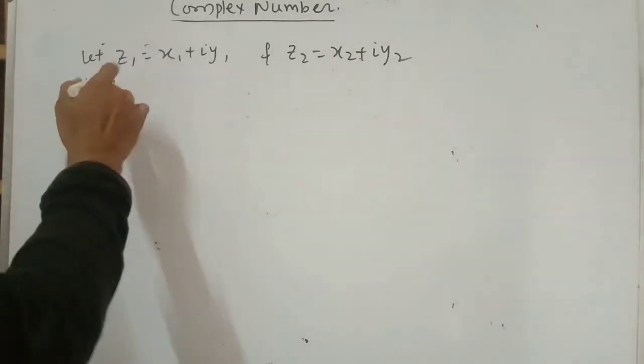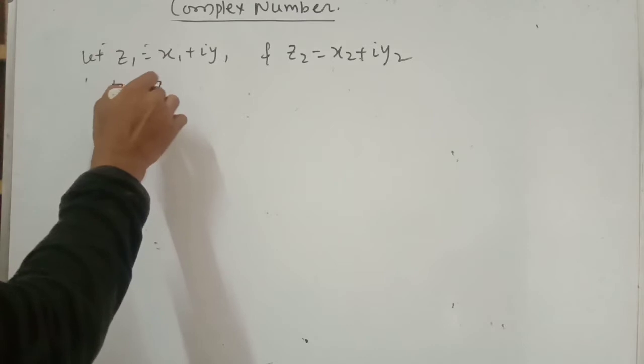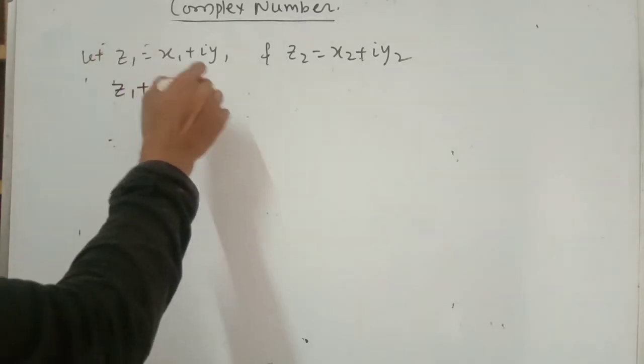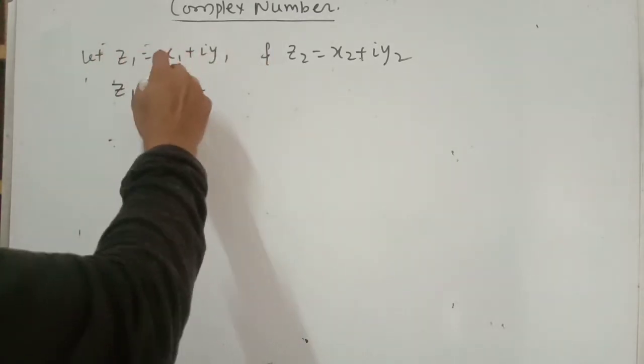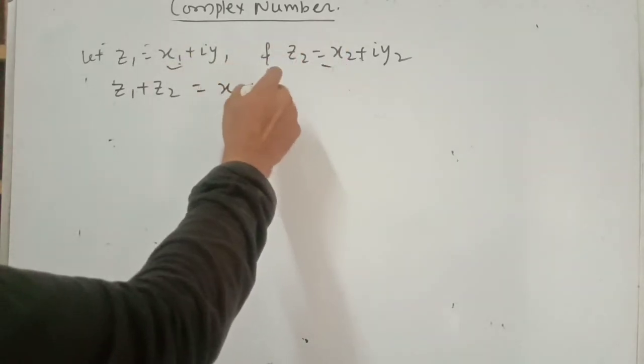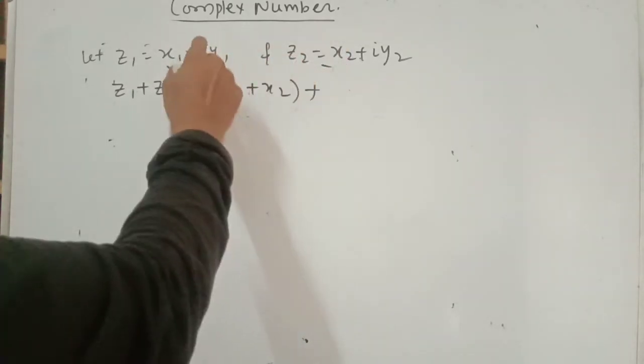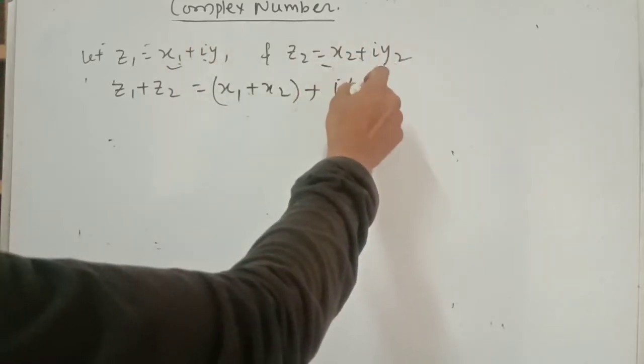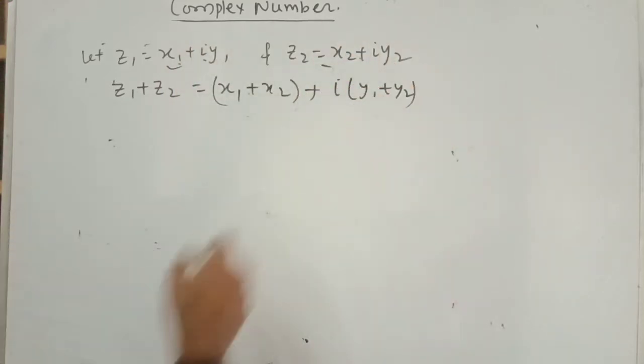When you find the sum of these complex numbers, as already discussed in the previous lecture, you add the real parts x1 plus x2 and add the imaginary parts y1 plus y2.